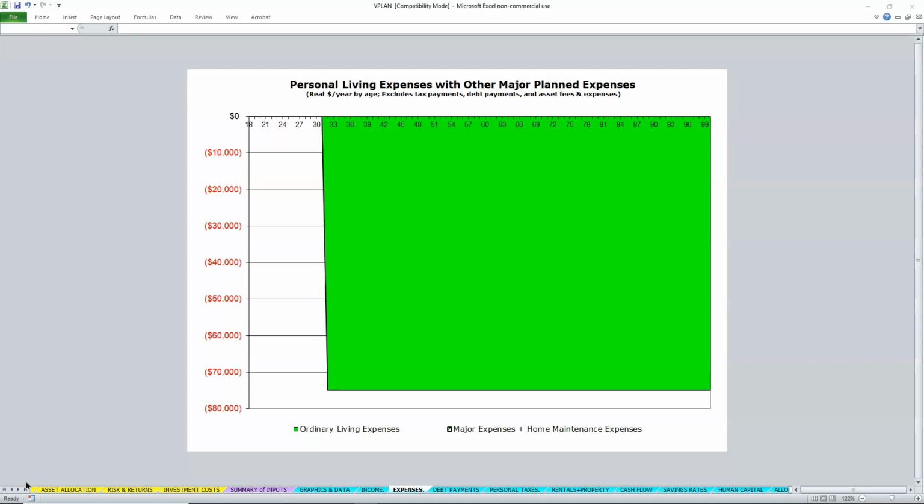Note that expenses are graphed as negative numbers since they represent cash outflows. Also note the other category in the legend. If this couple had chosen to make any year-by-year expense adjustments on the yellow-tabbed expenses input worksheet, then these other expenses would have been graphed as this other major expense category.